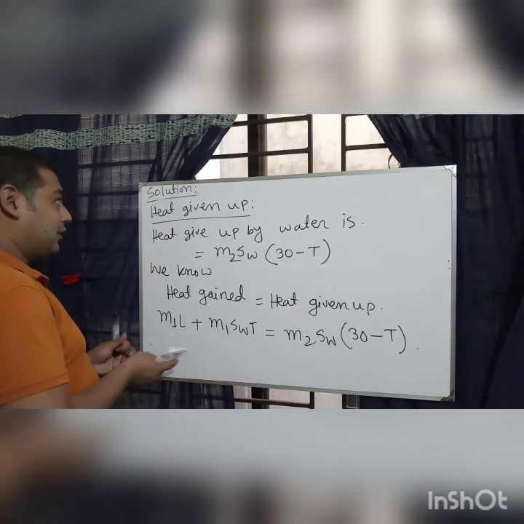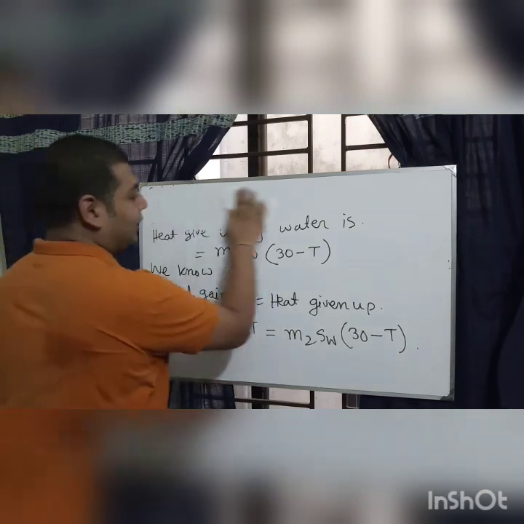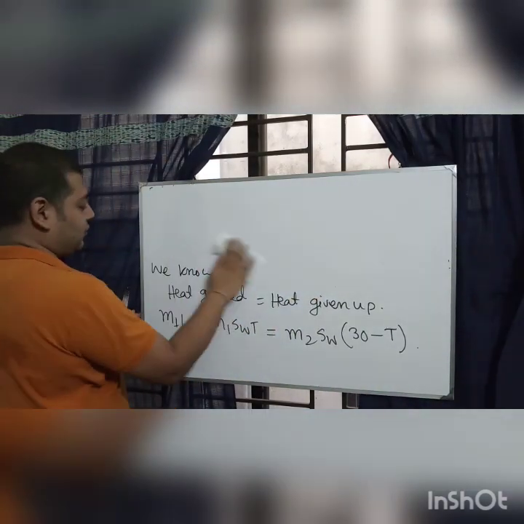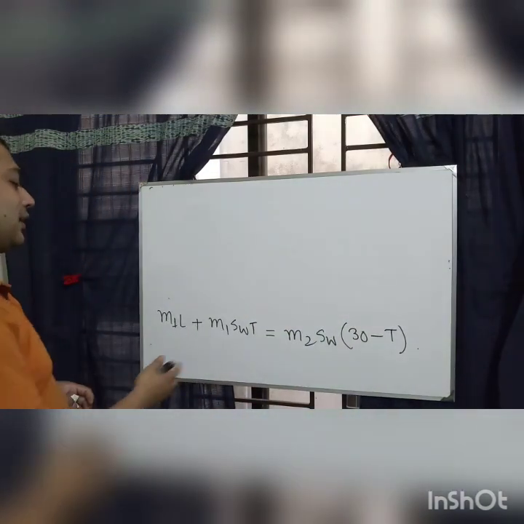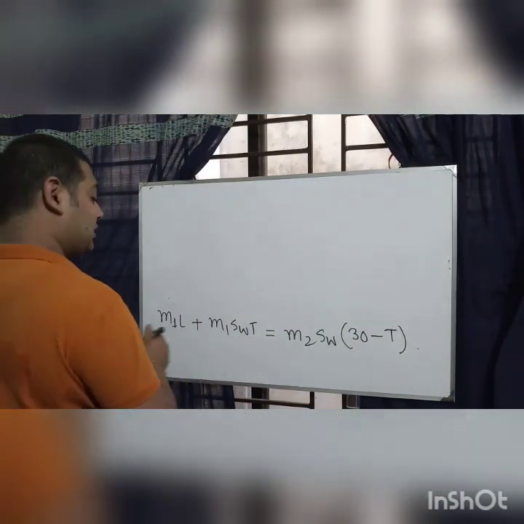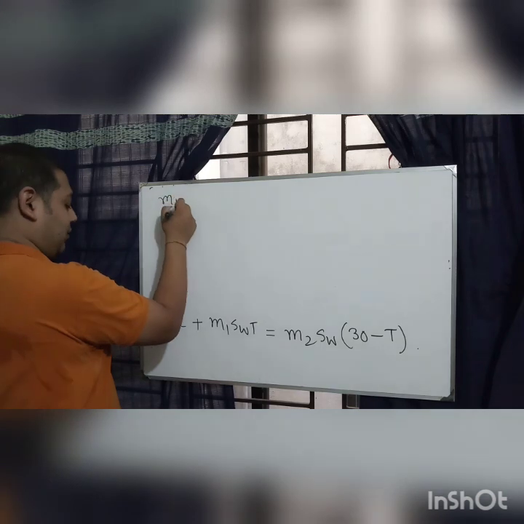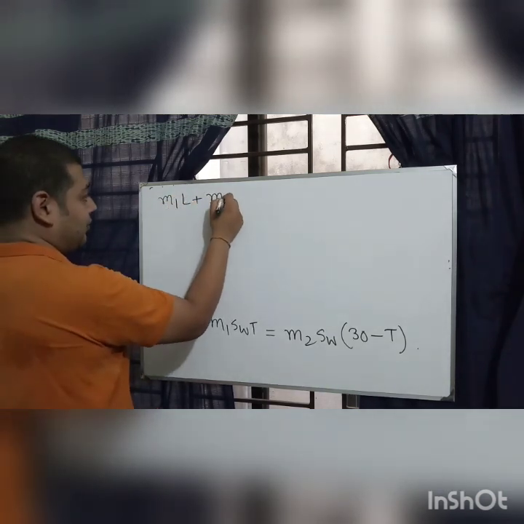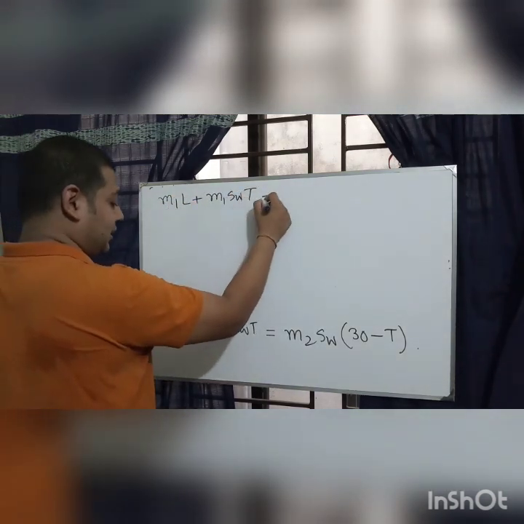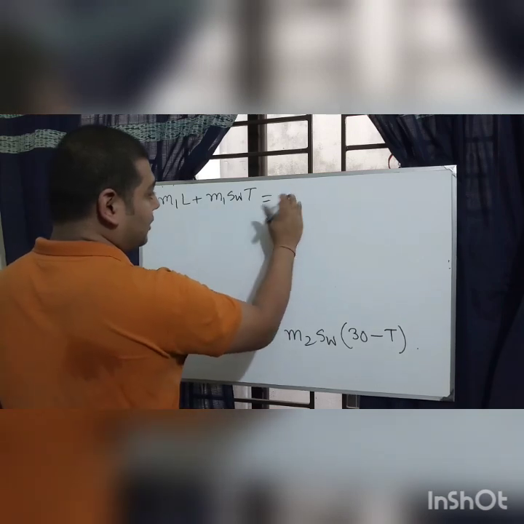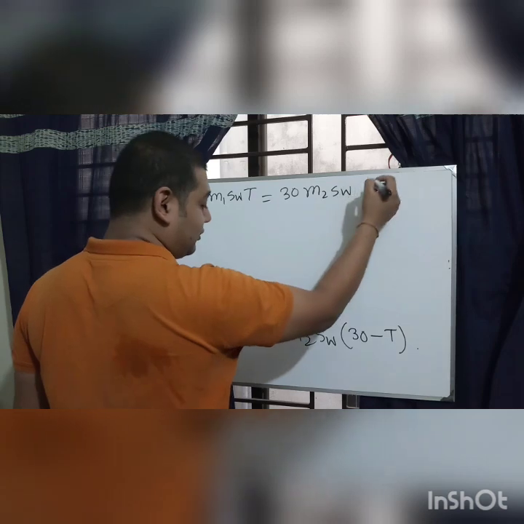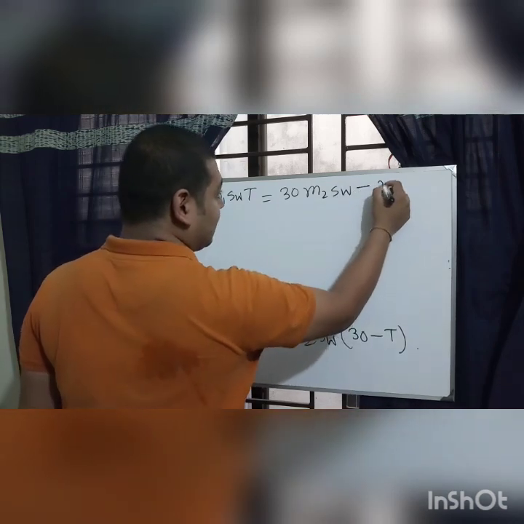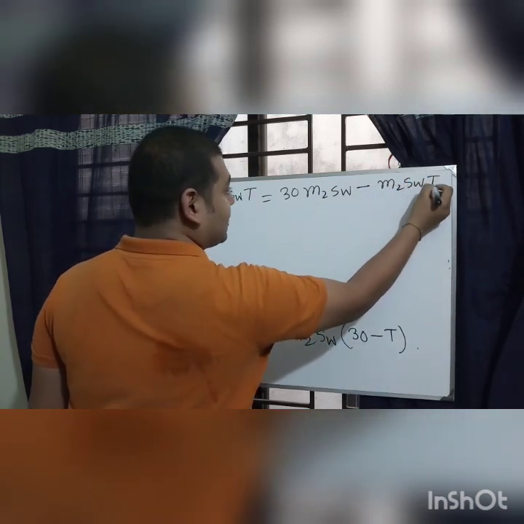So this is our final formula, and we need to determine the temperature T. So m1L plus m1 SW T equal to 30 m2 SW minus m2 SW T.